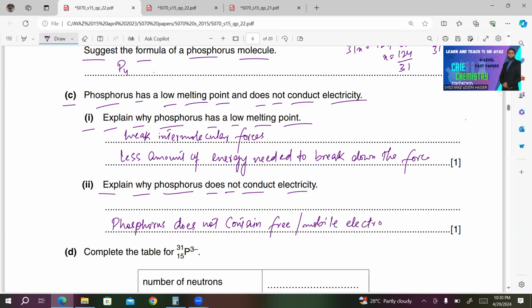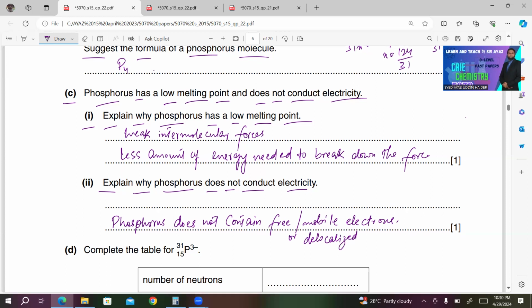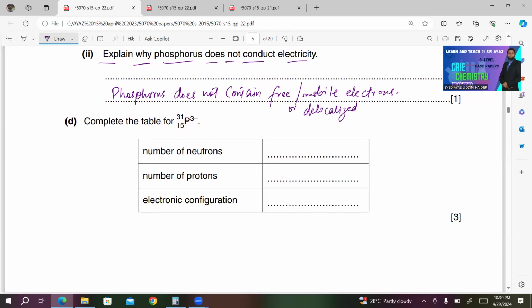You can even use a term like delocalized electrons. Same meaning. Delocalized means free or mobile.